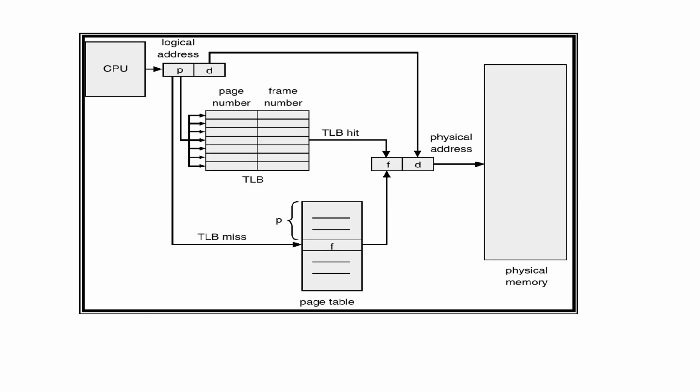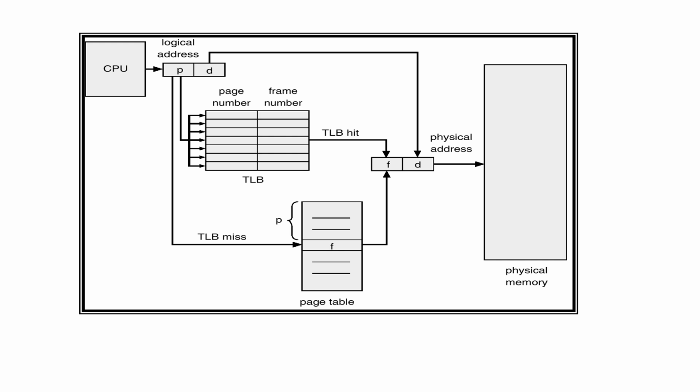See here, the diagram is similar to the one you saw first: the same CPU, logical address, page number, physical address and physical memory. What is extra here is the TLB. It is kept in between the CPU and the page table, and it contains two columns, page number and frame number.